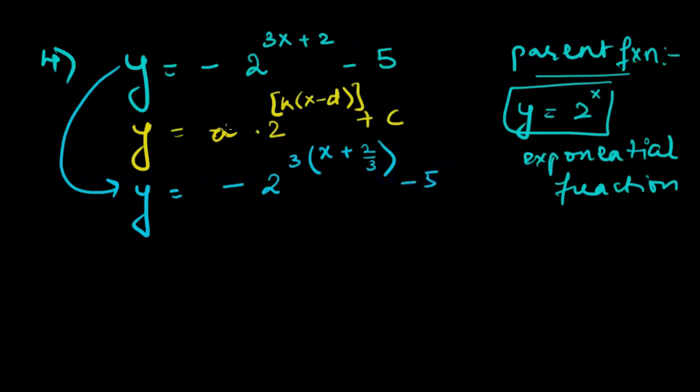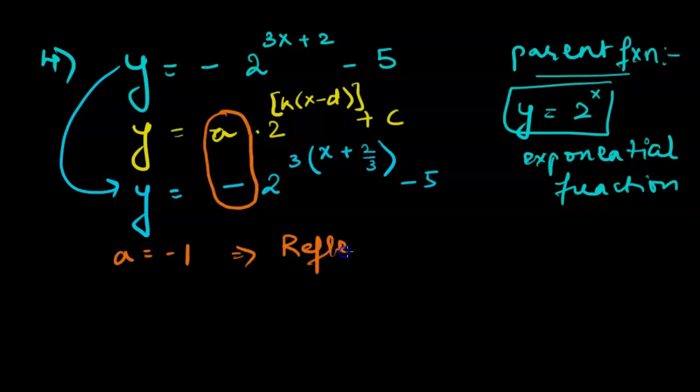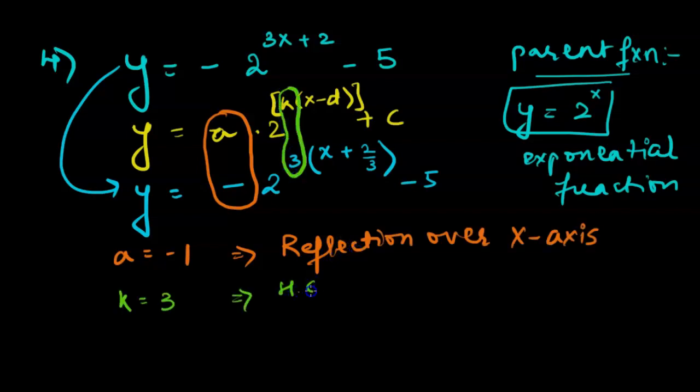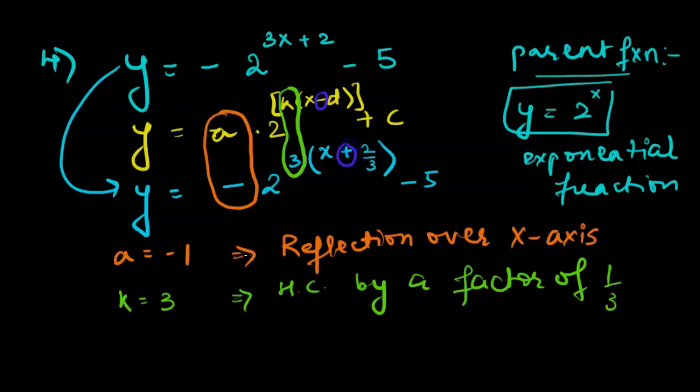Now let's match the parameters. So a is equal to negative; no number means 1. It just shows a reflection over the x-axis. K is equal to 3. That means it's a horizontal compression by a factor of 1/3. Again, we see d here has a minus sign in the general transformed equation, whereas d here has a positive sign.